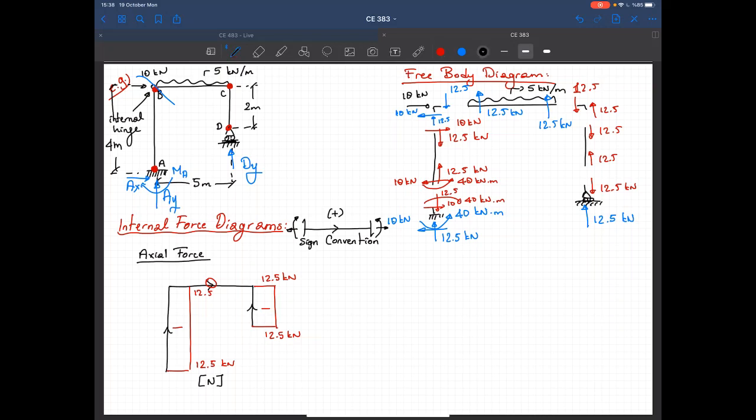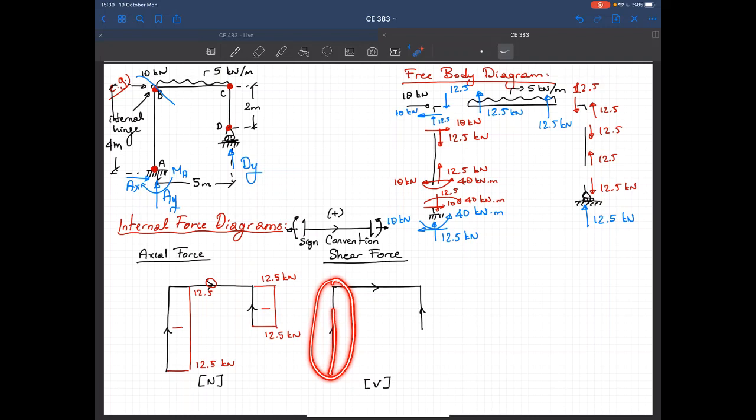Now let's draw the shear force. Let's draw the structure one more time. So my structure is going from bottom to top. So I have to rotate that sign convention as follows, bottom to top.